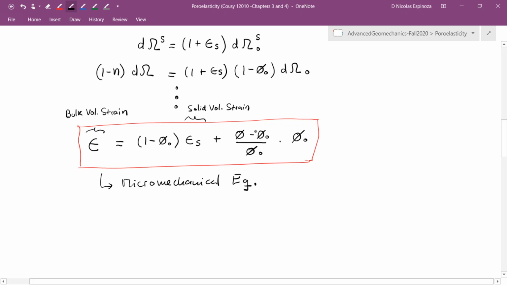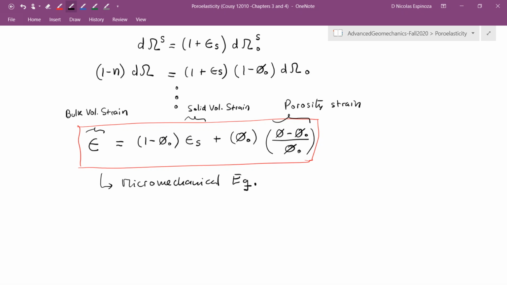Actually, just to respect the order of these equations, let me change this and write it like this. So this term over here is going to be the porosity strain. And notice that it does look like a strain because it's the porosity minus initial porosity divided by the original porosity.